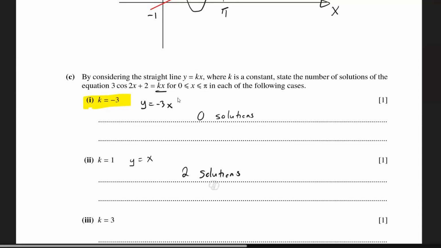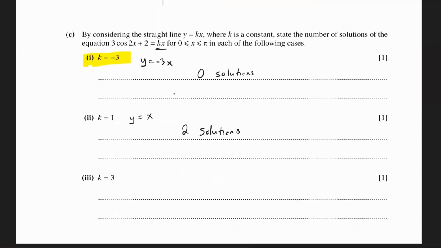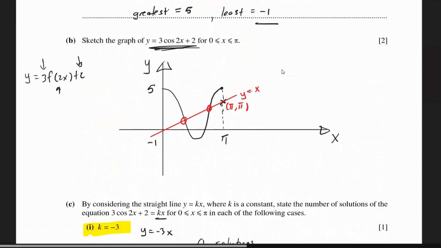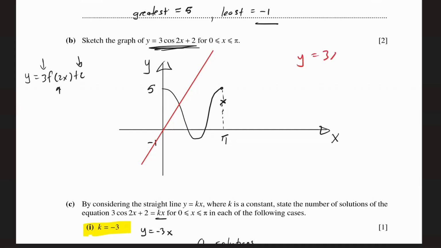Then k is equal to 3, which means we have to draw the graph of y is equal to 3x, which would be steeper than this graph that we have. So I'll erase this, and I can say from my judgment that the line y is equal to 3x should go like this, because when x is equal to pi, y is equal to 3 pi, and 3 pi is greater than 9.